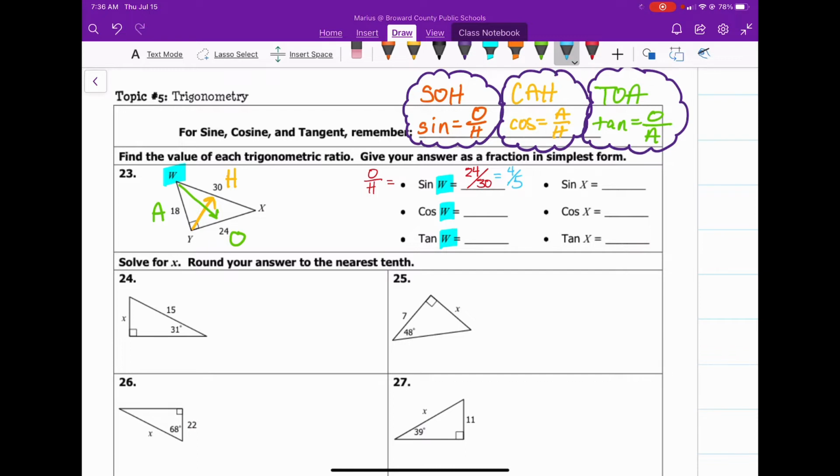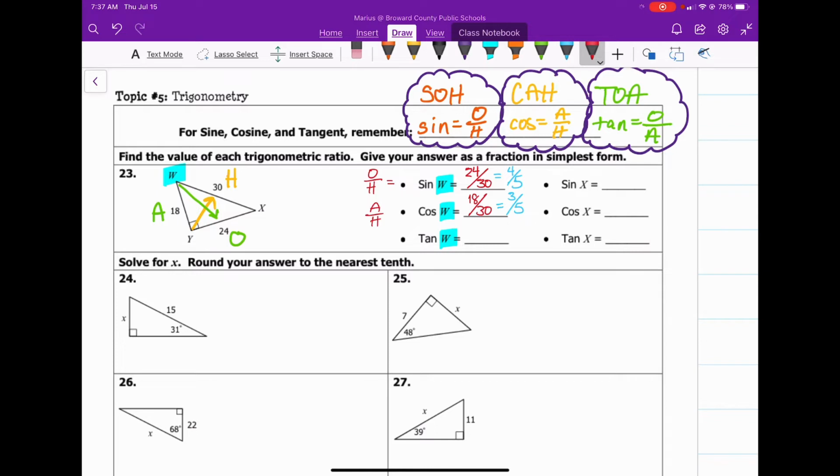Cosine is adjacent over hypotenuse. Adjacent is 18, hypotenuse is 30. Simplify, divide both by 6. That becomes 3/5. Now the last one.